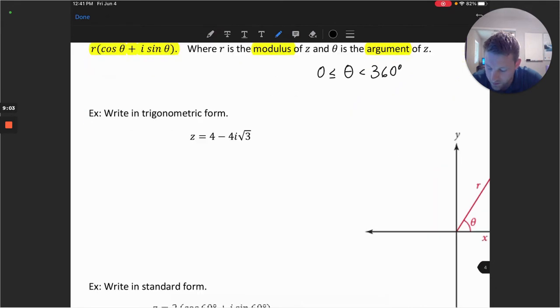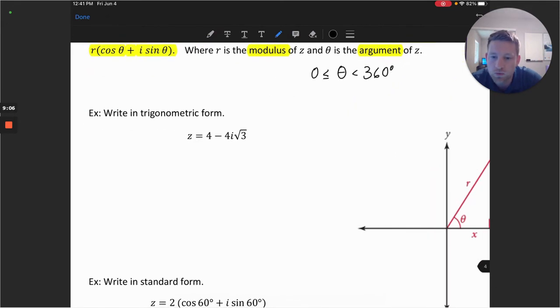So let's start by rewriting z is equal to 4 minus 4i square root of 3 into our trigonometric form. We'll start by just taking a bit of a graph of this complex number. So if I wanted to graph 4 minus 4 square root of 3i, we could say that, again, this is our real axis, and this is our imaginary axis.